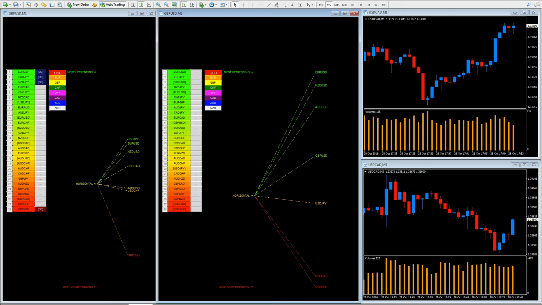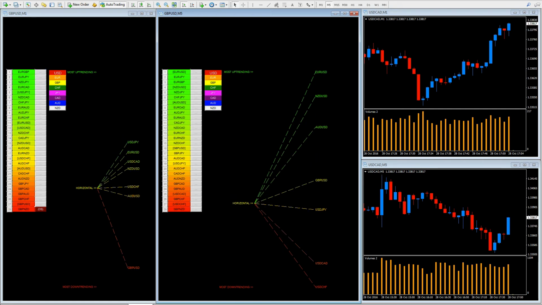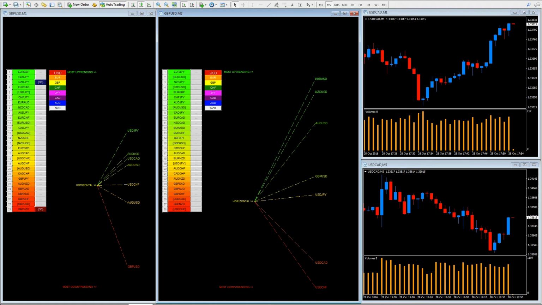And you can see this is developing very nicely. On the 1 minute there, the dollar CAD is now well above the horizontal. We're up at spot 15. And you can also see there that the euro dollar and the New Zealand dollar that I referenced earlier on, they are starting to fall in the opposite direction, which is actually what you want to see, because they are reflecting dollar buying.